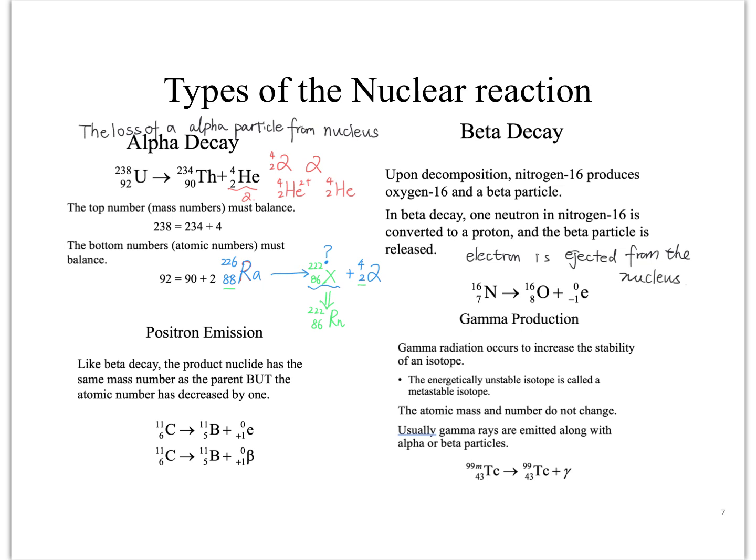In other words, an electron will be the product of this nuclear reaction. How does that happen? In beta decay, a neutron will become a proton, and to counterbalance that charge, an electron will be released.